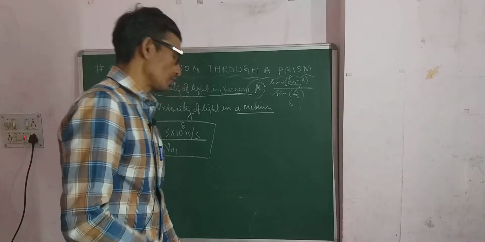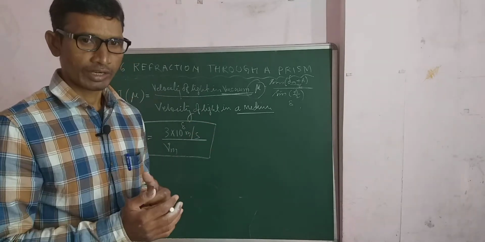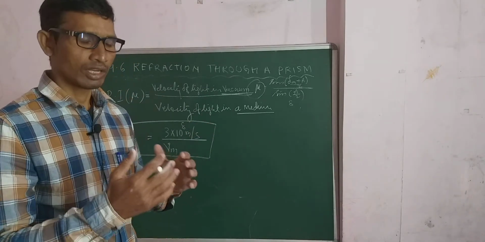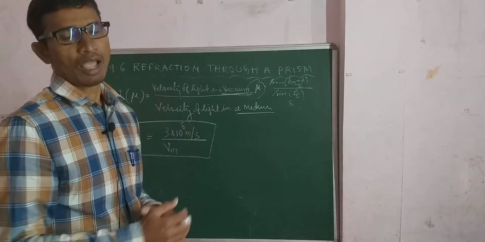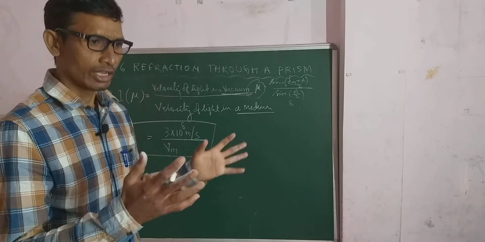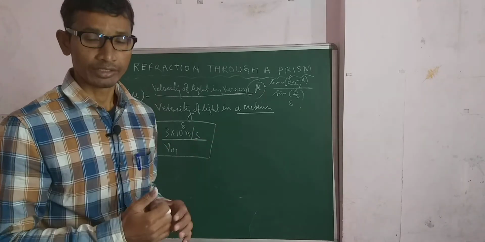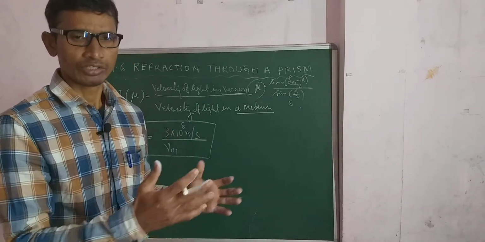Suppose we are taking the diamond, the greatest refractive index in the world, although so many transparent media are greater than diamond, like rutile, hematite, and so many things, with the greatest refractive index. So they are so glittering due to this reason.